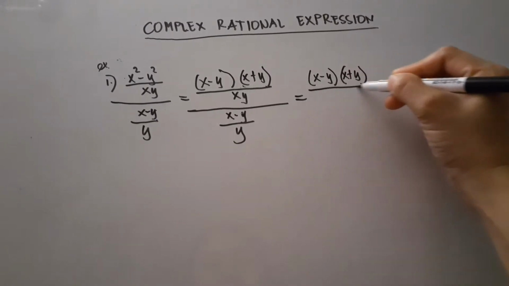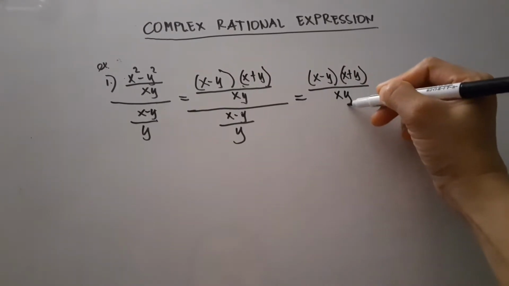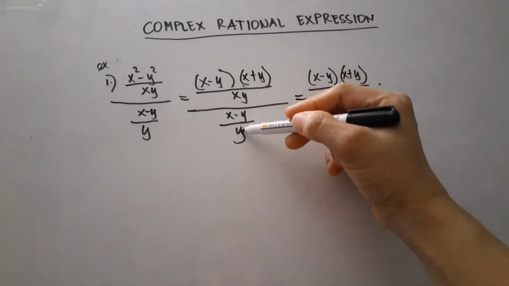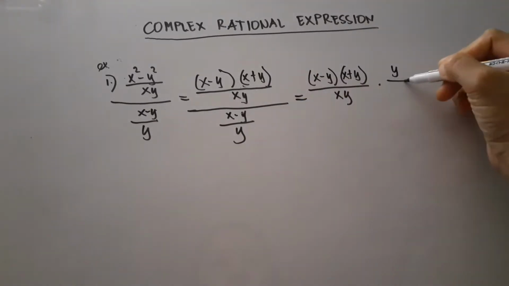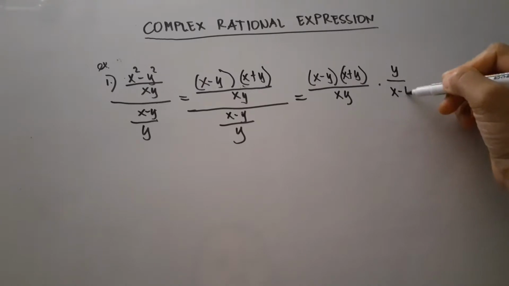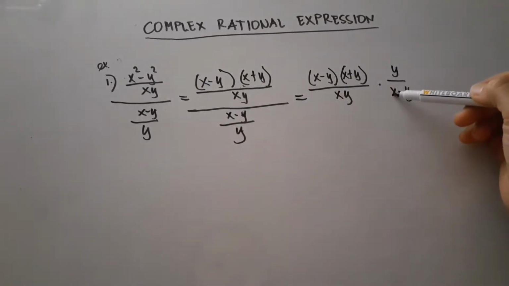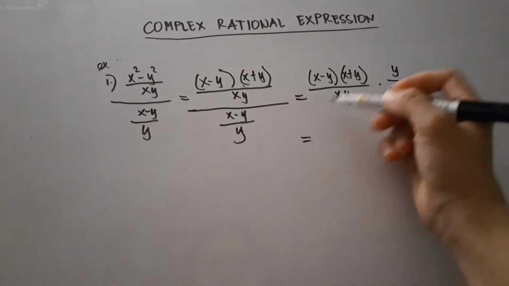So we have (x − y)(x + y)/(xy) multiplied by the reciprocal, which is y/(x − y). And then we multiply by combining them together.